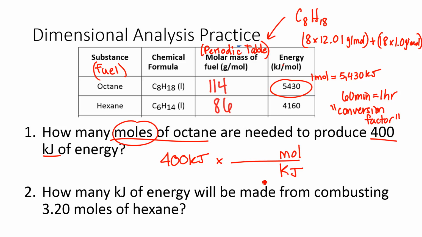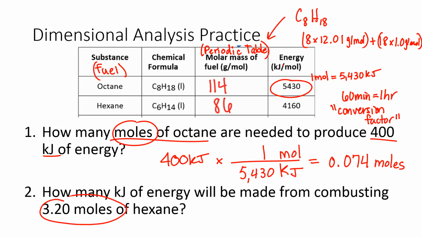And then I fill in the numbers by looking at this known relationship, and I can tell that for every 1 mole of octane, you release 5,430 kilojoules of energy. So if you plug that in your calculator, 400 times 1 divided by 5430, you end up with 0.074 moles of octane needed.